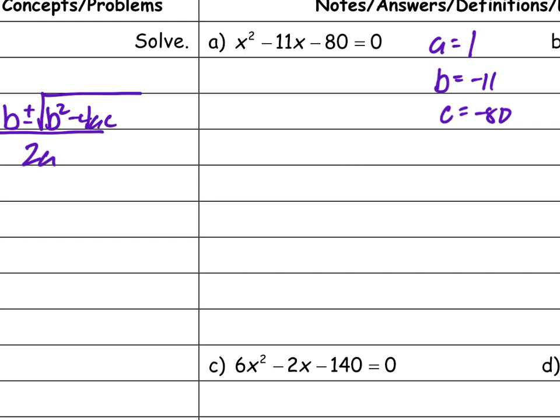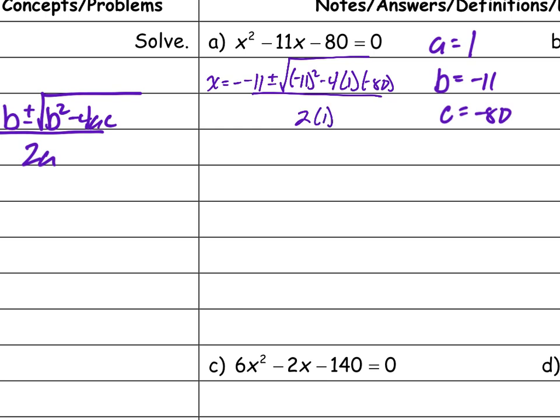Okay, so I'm just going to plug it in, right? So I've got x is going to equal minus a negative 11 plus or minus the square root of negative 11 squared minus 4 times A, which is 1, times C, which is negative 80, all divided by 2 times A, which is 1.